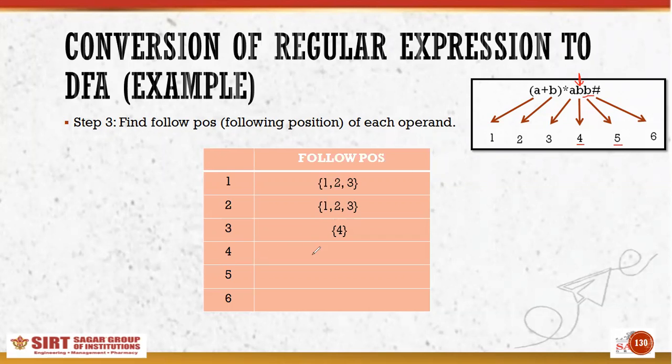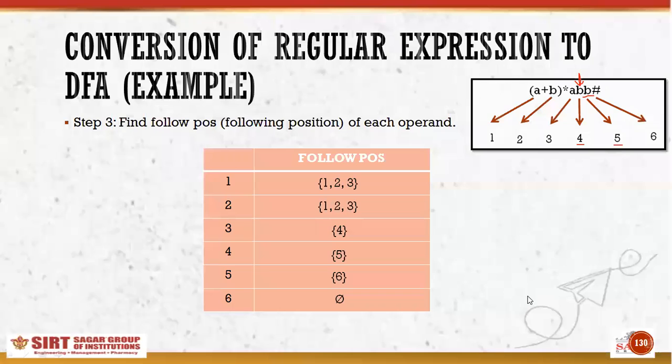Okay, so I will write 5 in the following position of 4. And similarly, in following position of 5, 6 can only come. There is no other possibility. And in the following position of 6, nothing will come. Okay. So this is the way how I will find out the following position or follow pause of the operands.